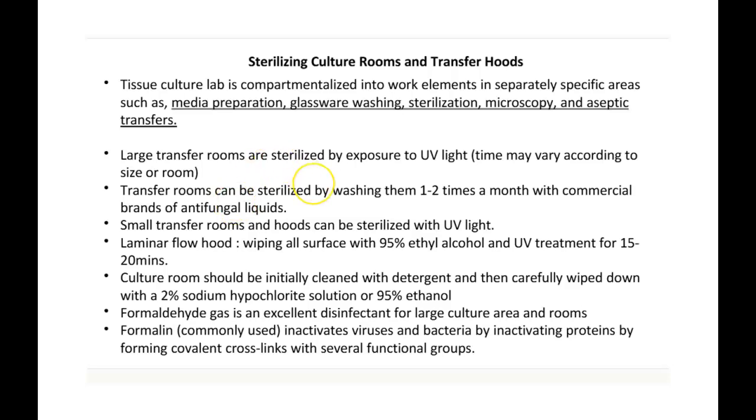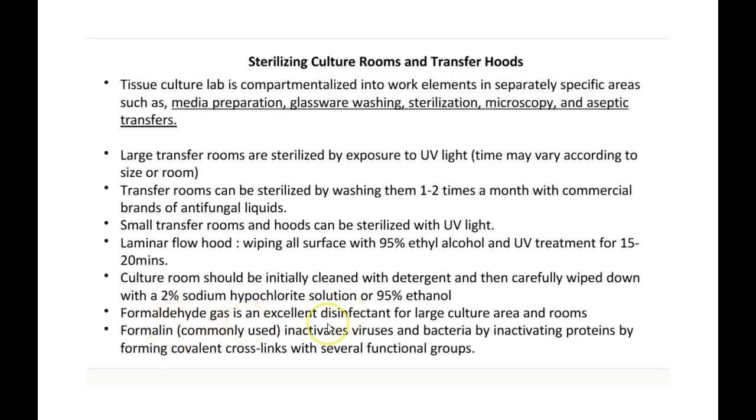Small transfer rooms or hoods can be sterilized using UV light, and laminar flow hoods are usually sterilized using 95% ethyl alcohol and UV treatment for 15 to 20 minutes. Culture rooms should be initially cleaned with detergents and then carefully wiped with 2% sodium hypochlorite solution or 95% ethanol.